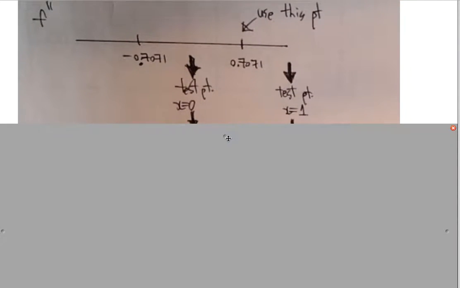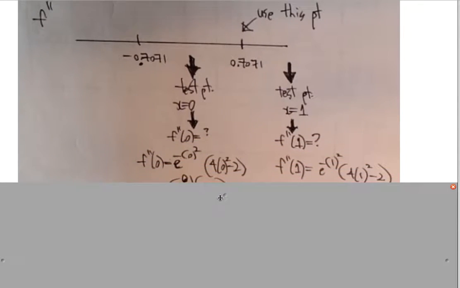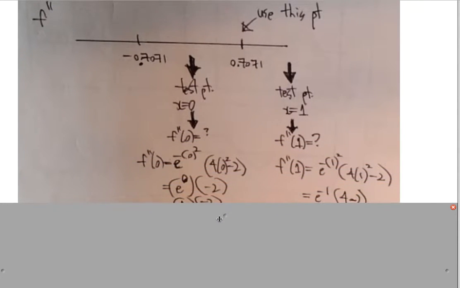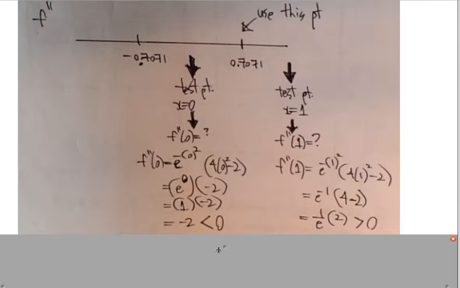So here we go. Do a quick substitution. And what we're interested in is not so much the actual value, but the sign of that result. And here we have a -2, which indicates we have a negative second derivative at 0. And if to the right it becomes a positive, then we know of a change in concavity.